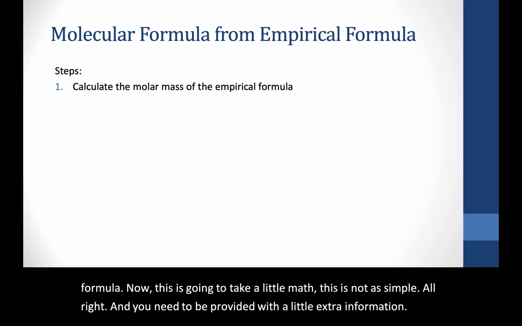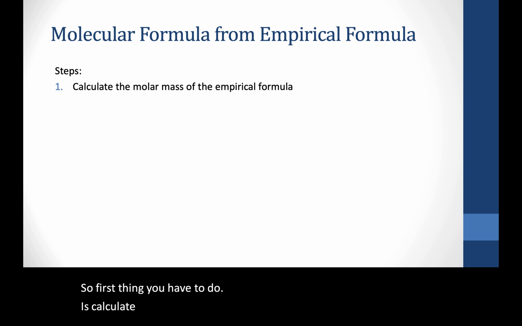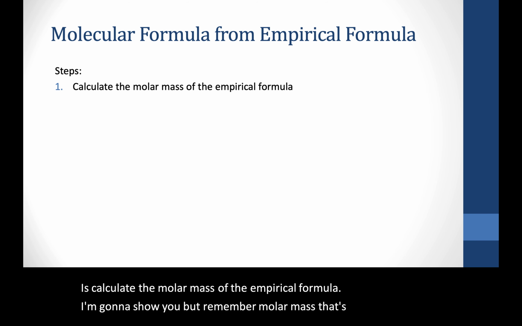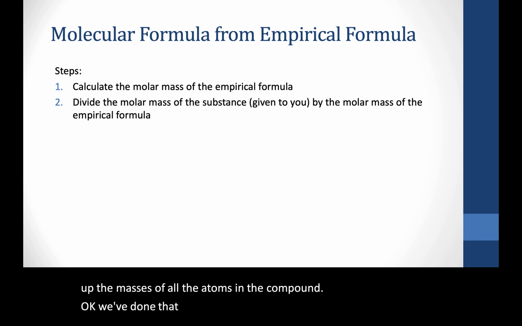So first thing you're going to have to do is calculate the molar mass of the empirical formula. I'm going to show you, but remember, molar mass, that's where you add up the masses of all the atoms in the compound. We've done that multiple times, right?